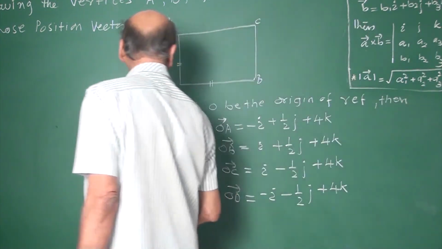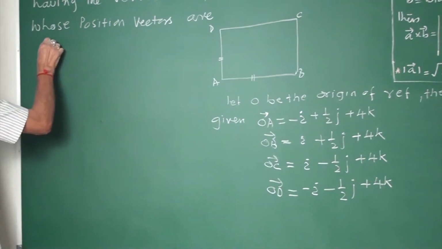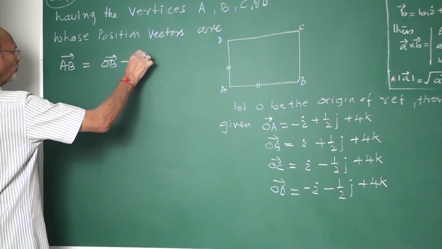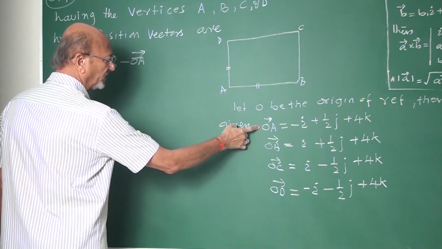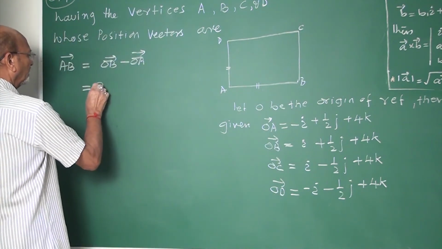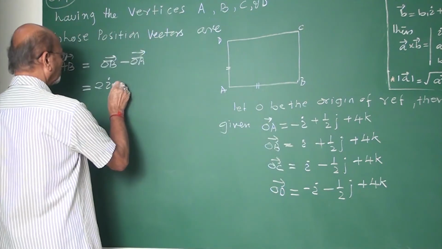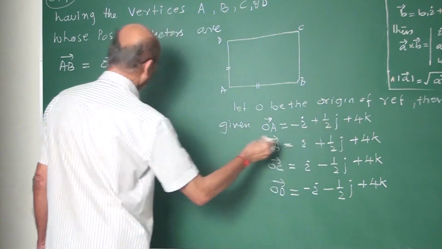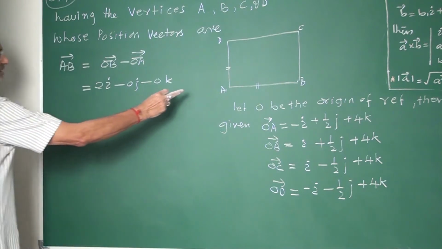Yes, friends. One is vector AB. Vector AB is OB minus OA. I minus of minus is plus i, 2i. Half j minus half j, 0j. Plus 4k minus 4k, 0k. Then this is one side.